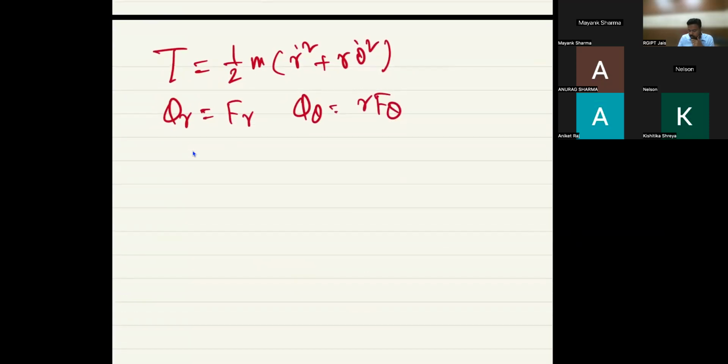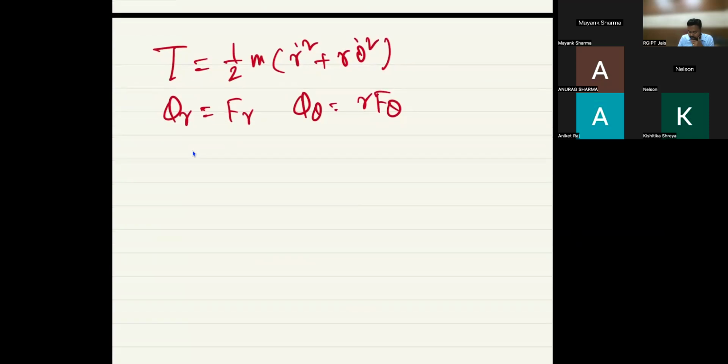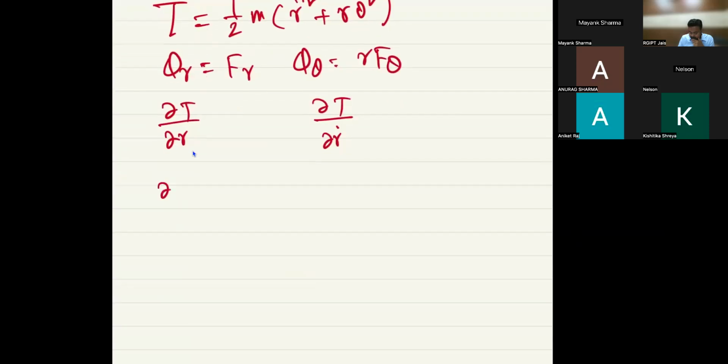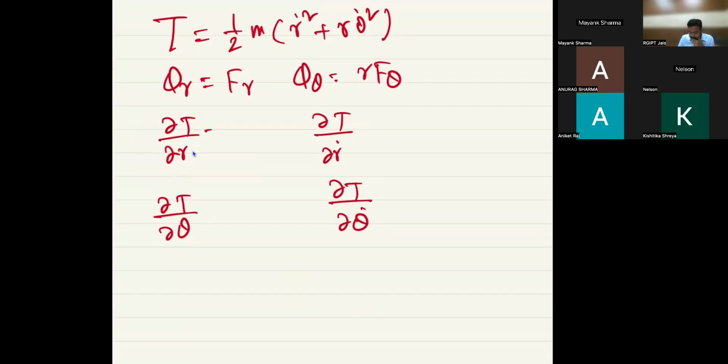Now we have two generalized coordinates here, r and theta. So we need to find del T del r, del T del r dot, del T del theta, and del T del theta dot. What are these expressions?